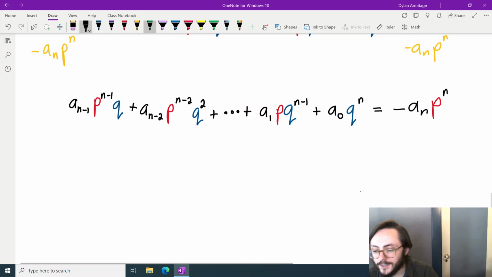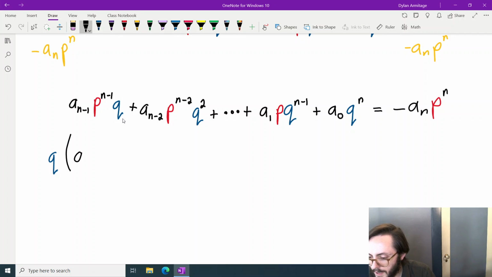We factor out a q because we see that each of these terms has a q in it. So we can say q times a sub n minus 1 times p to the power of n minus 1. Now there's no more q there because we factored it out.